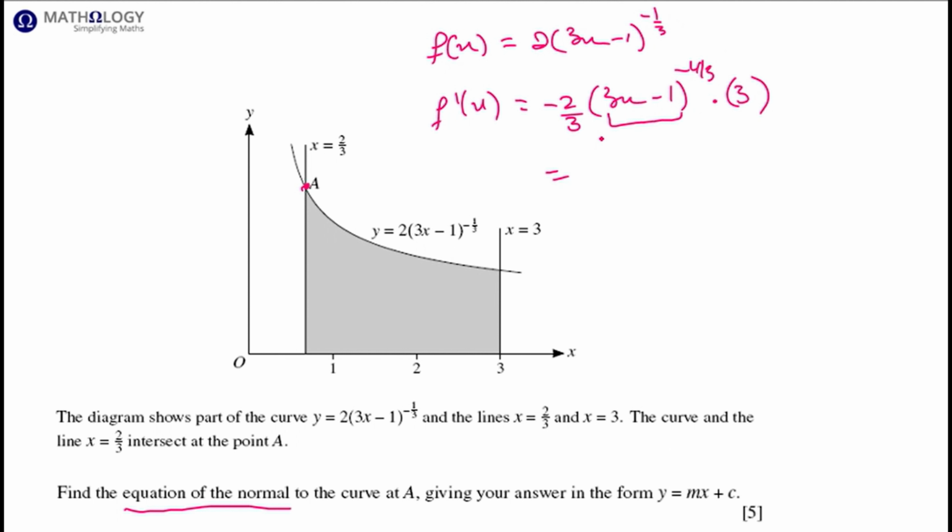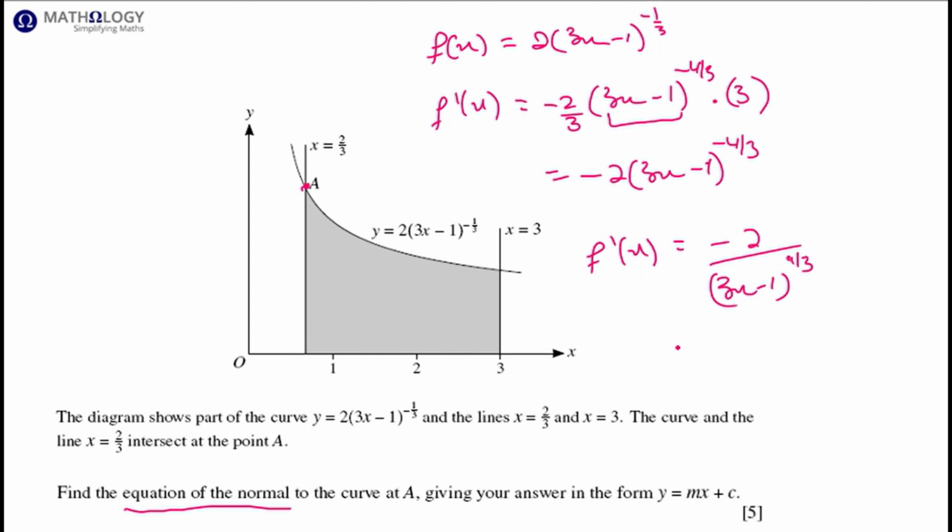Just cleaning that up will give us minus 2 times (3x minus 1) to the minus 4/3, and an even better way to write this is with a positive power, so it's minus 2 over (3x minus 1) to the 4/3, which is better written as minus 2 over the cube root of (3x minus 1) to the power of 4.